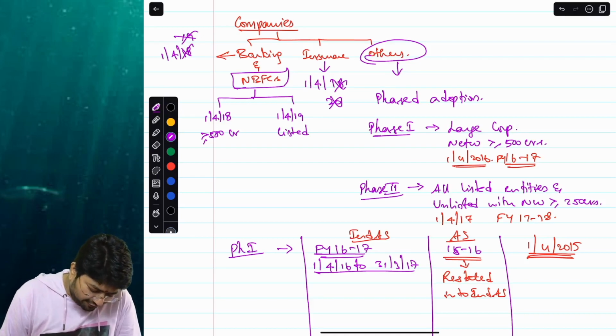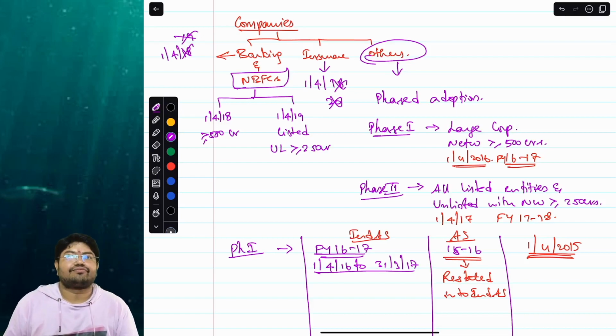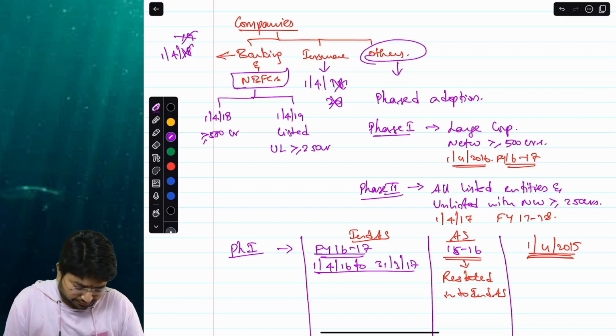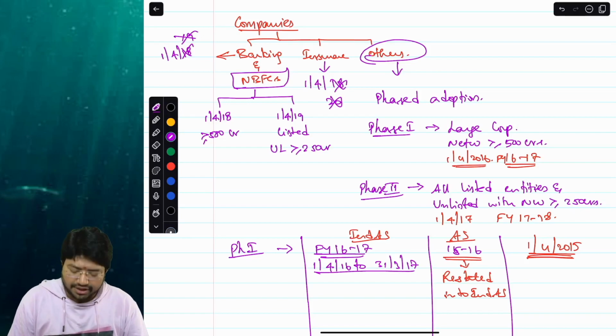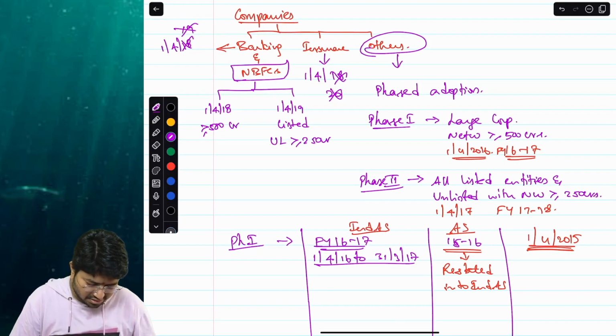Okay. If you are unlisted but having net worth greater than or equal to 250 crores, again it is mandatory to adopt Ind AS. Okay. So from this entire understanding, what I would like to convey to you is, banking companies is a different story.